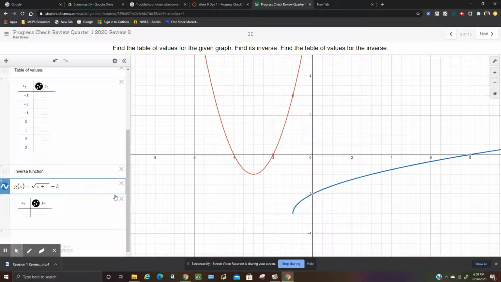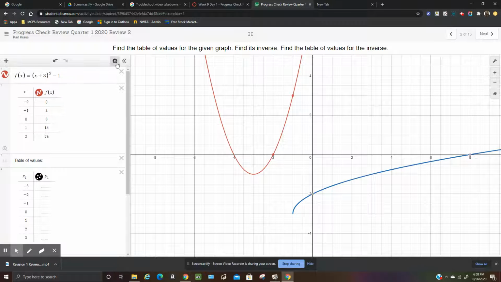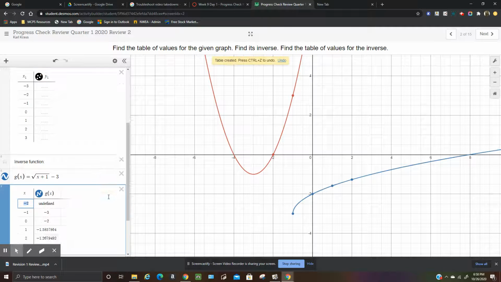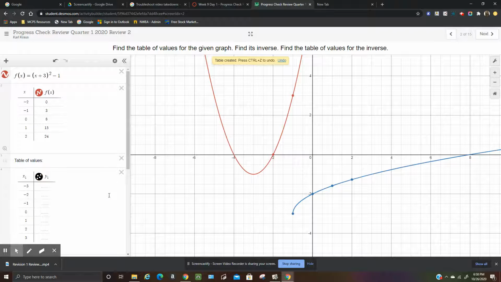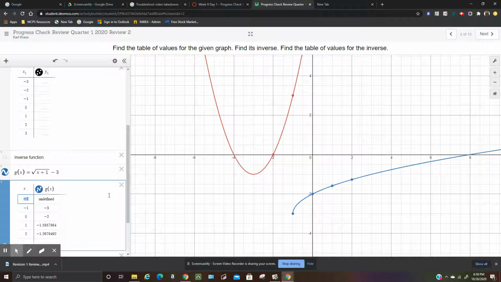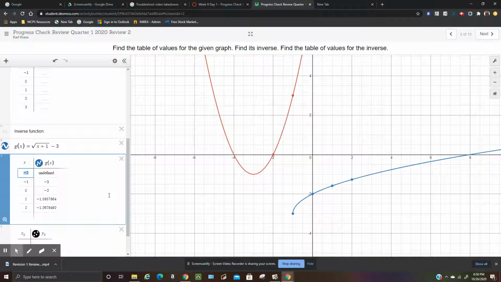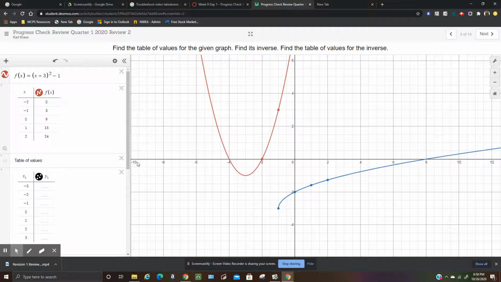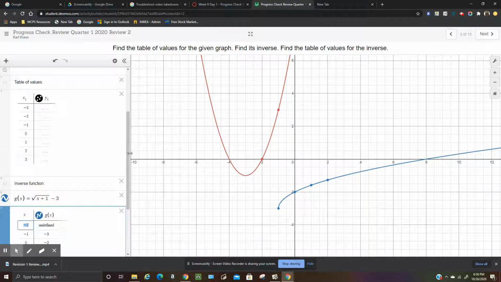And the inverse table, just hit the gear, come down here, hit the table, and -2 wouldn't be on, so -1 should be the first point here.